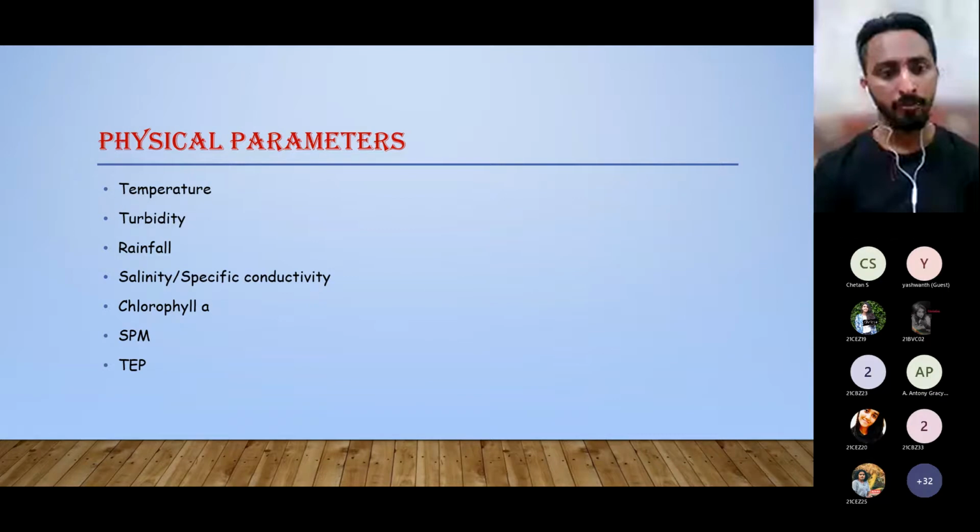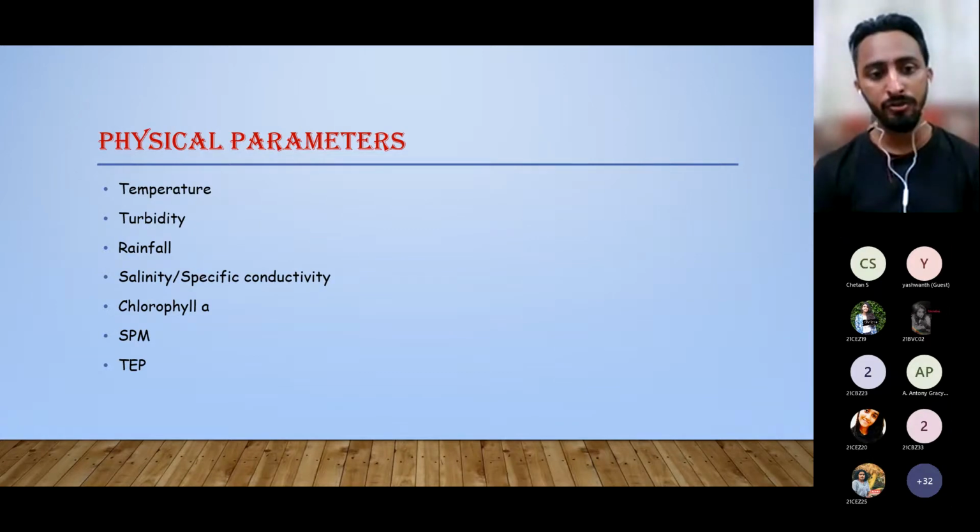This dissolved carbohydrate is released by phytoplankton as well as bacteria. Since phytoplankton are larger in number, the dissolved carbohydrate is more because of that. And since carbohydrate is sticky in nature, it attracts other debris surrounding the environment, sticks with the carbohydrate molecule, and gradually sinks down.